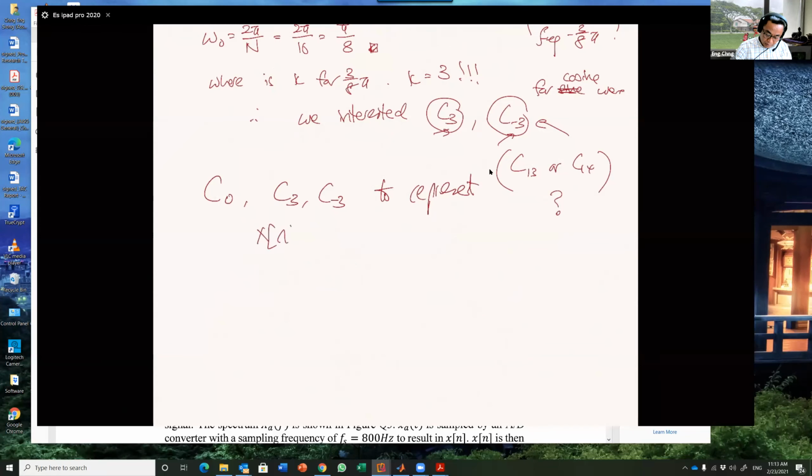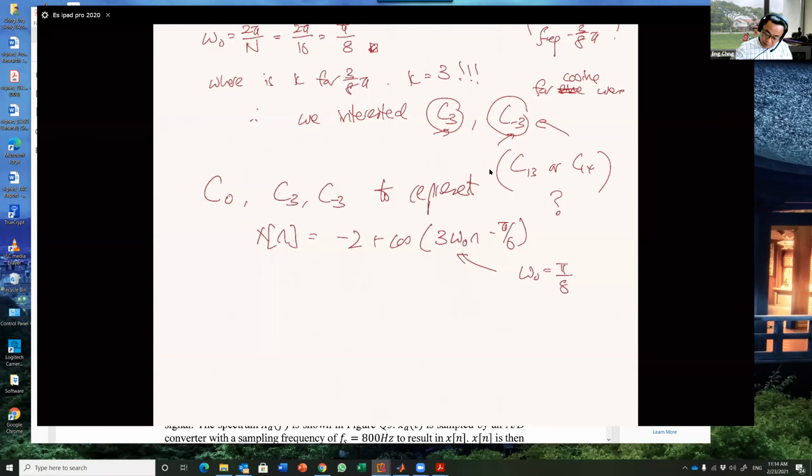which is x[n] equals minus 2 plus cosine, and if I really want to write it, 3 omega naught n minus pi over 6. Why omega naught? Because omega naught equals pi over 8.